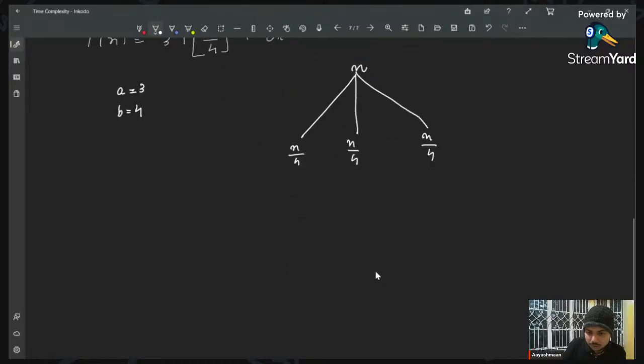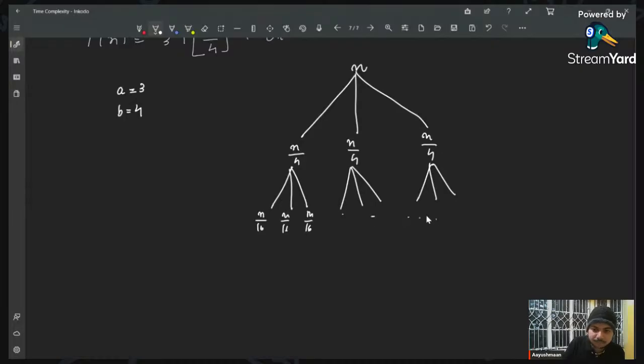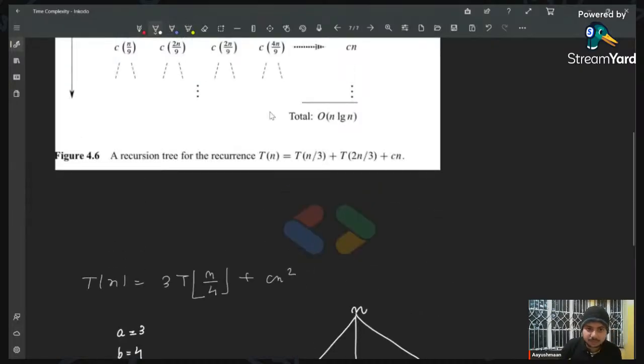Okay. अब अगला जो होगा will again be in 3 parts. इस तरह से चलता रहेगा. Since our a is 3, so we'll be breaking it into 3 parts, n by 16, n by 16, n by 16 and so on. ठीक है, यहाँ पे भी सेम रहेगा. So this is our a and b. ठीक है. अभी f(n) पता करते हैं कि क्या है.